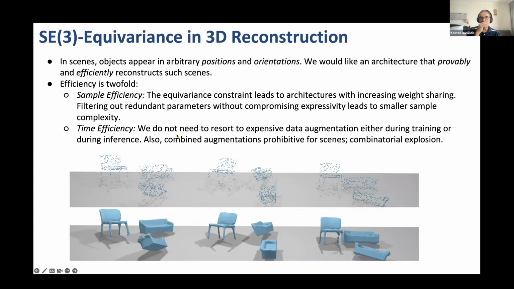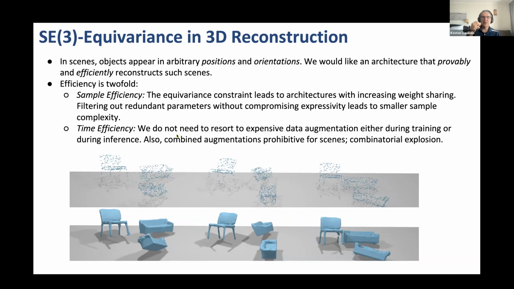So why do we want a C3 equivariance in 3D reconstructions? The reason is the title of my talk: from objects to scenes. When we have a scene with multiple objects, we don't want to train the network on scenes. We want the network to be trained only on objects. And this is not only a problem of the variation of the semantic content of the scene.